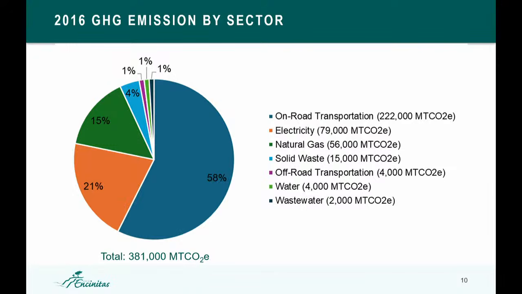And so community-wide in 2016, the city had a total of 381,000 metric tons emitted. These emissions came 58% from on-road transportation, 21% from electricity, so that's the electricity being used in the buildings within the city, 15% from natural gas sources, and then the remainder from off-road transportation, solid waste, water, and wastewater.